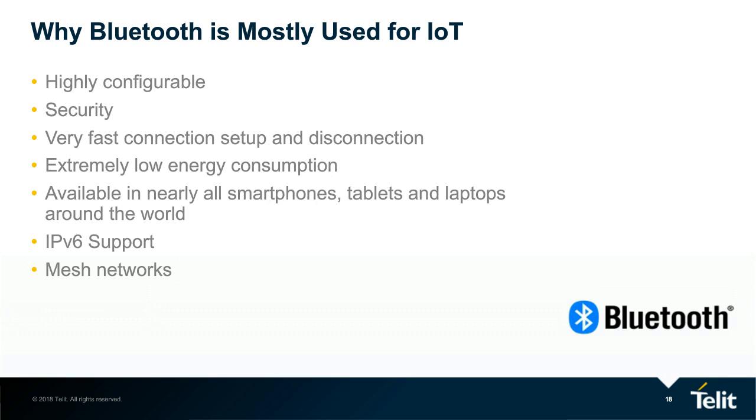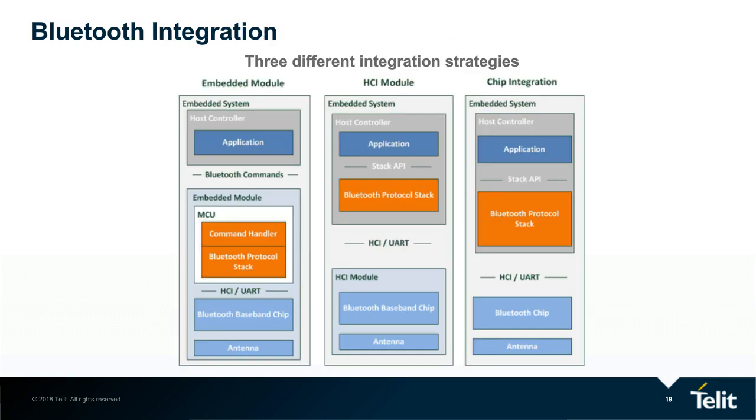How is Bluetooth integrated? This is actually true not only for Bluetooth, but for most of the other technologies as well, although HCI is a little bit of a special case for Bluetooth. In general, you have complete embedded modules, like the ones that we sell, for example, which come with everything embedded. You have the Bluetooth stack, you have a microcontroller, you have the RF part, essentially everything.